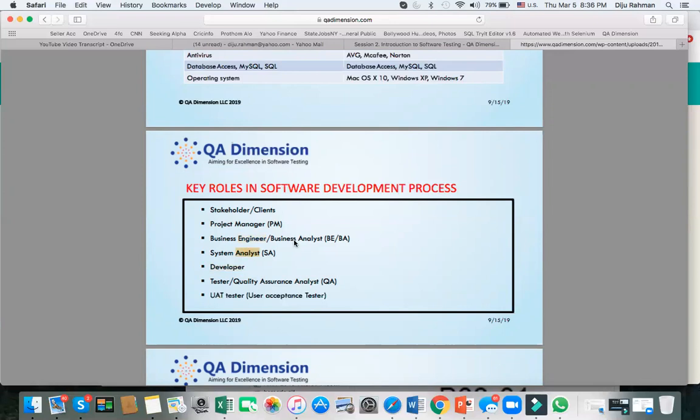He will build the system based on the BRD, or business requirement documentation, and the SRS, or system requirement specification. Those are the two inputs he gets, provided by those two people. Your role is making sure this guy builds the software based on these two inputs. That's what you have to make sure, nothing else.